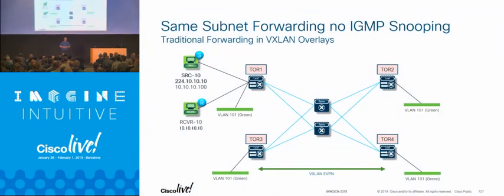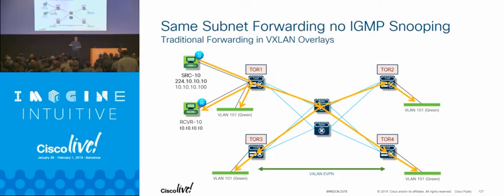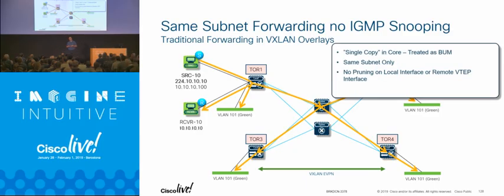That means if a source and a receiver are hanging on ToR 1, yes, I can do this, but I will also send that same multicast traffic everywhere else, right? It's like the dog going to the park and peeing at every next tree, right? So we don't like that much. So it's an inefficient forwarding approach because it goes everywhere. It leaks, pretty much, right?